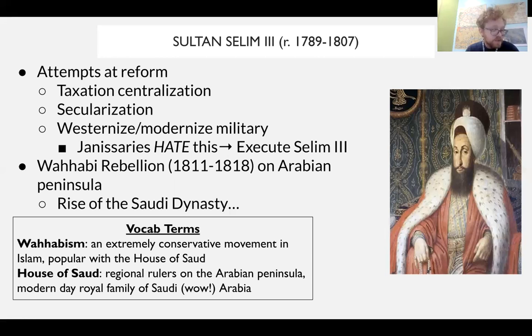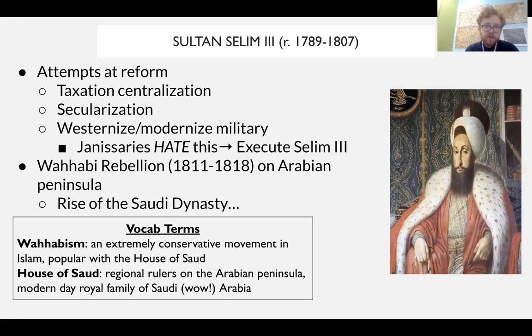So the Arabian Peninsula right now is mostly governed by the family from the House of Saud. They are going to be the governors, essentially, of Ottoman control in the Arabian Peninsula.